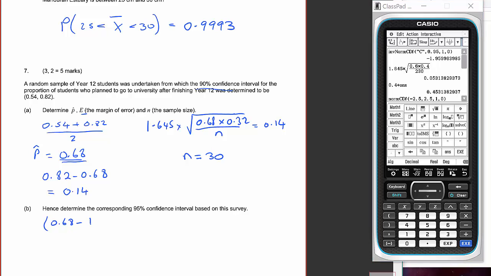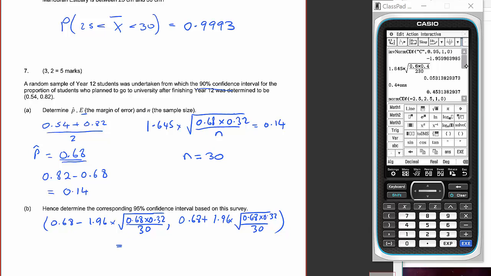So it's going to be 1.96 multiplied by the square root of 0.68 times 0.32, divided by 30, and 0.68 plus 1.96 multiplied by the square root of 0.68 times 0.32 divided by 30.